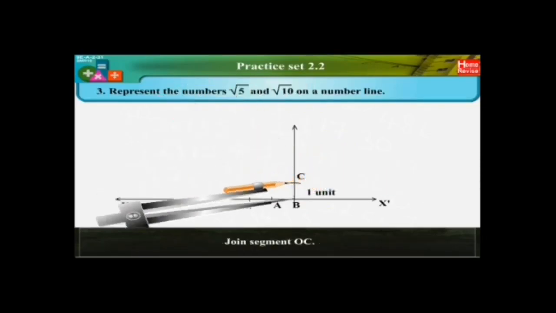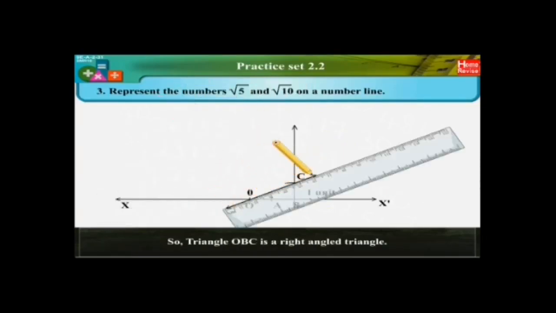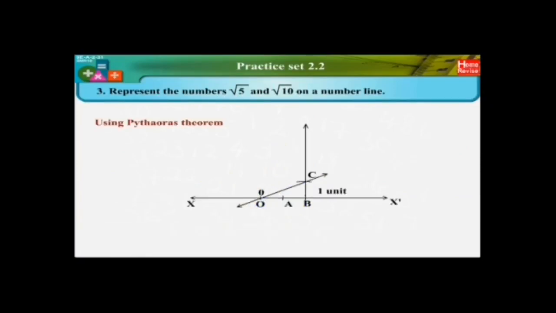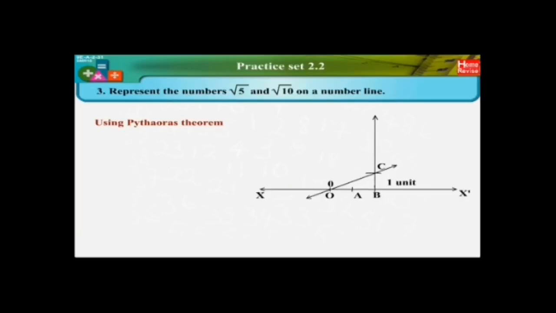Now join segment OC. So triangle OBC is a right angled triangle. Using Pythagoras theorem, OB square plus BC square is equal to OC square. 2 square plus 1 square is equal to OC square. So 4 plus 1 is equal to OC square.